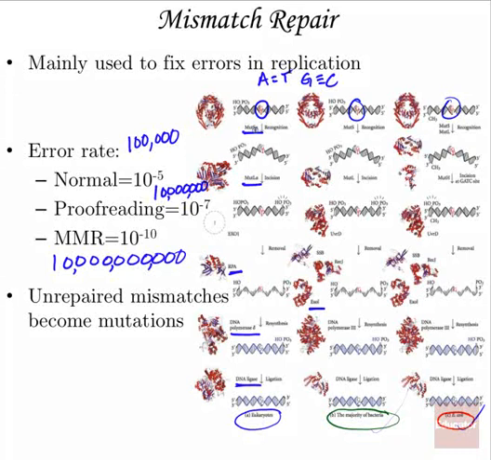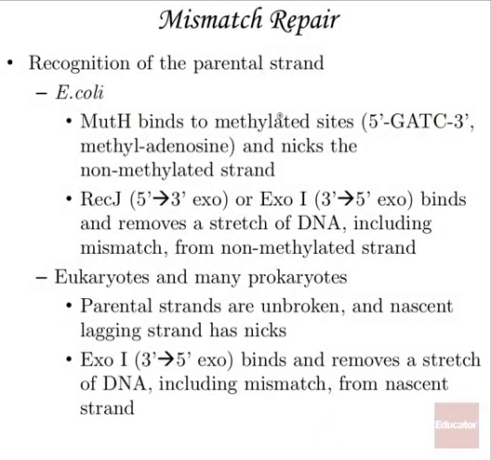Is the G the error, or is the T the error? How you figure it out is you have to recognize which one is the parental strand versus the newly synthesized nascent strand, because the parental strand will have the proper sequence, and the error will be in the newly synthesized strand.